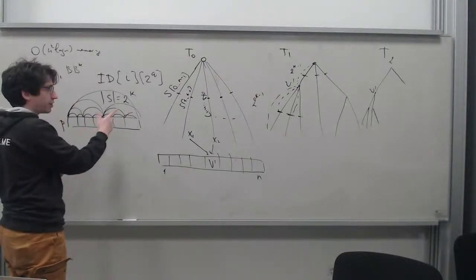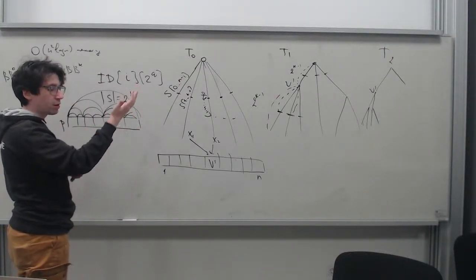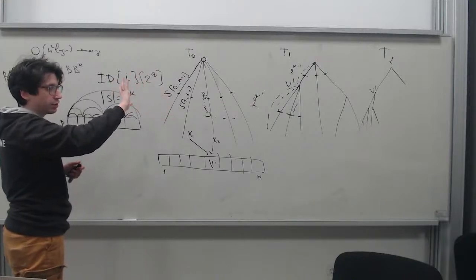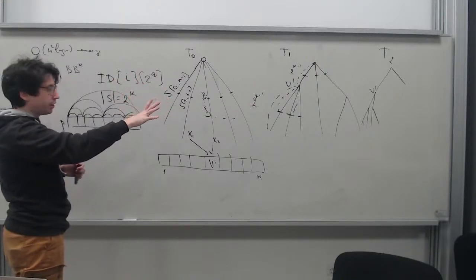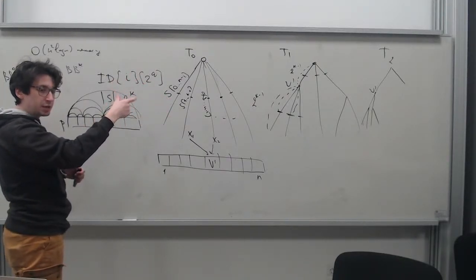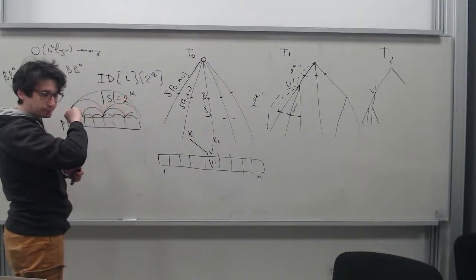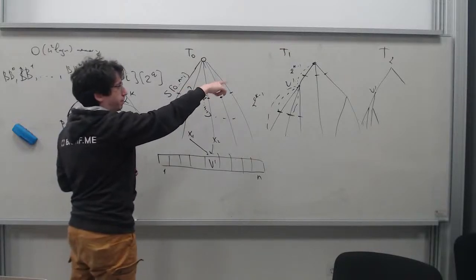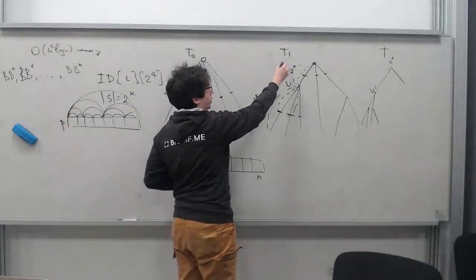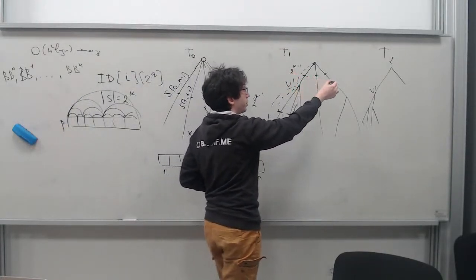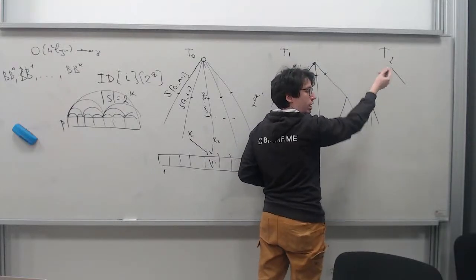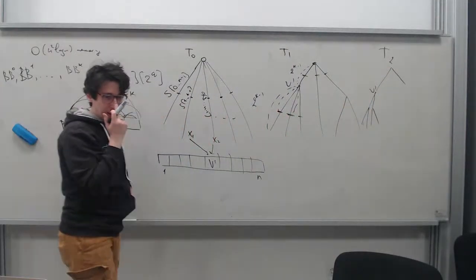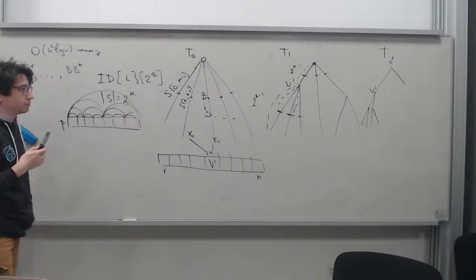If the length of the string is not higher than 2 to the power k minus 1, we do some merging and take the corresponding tree where the height of the string p is bigger than the corresponding part. This is for T of 2 to the power of k minus 1, this is for 2 to the power of k minus 2, and so on.